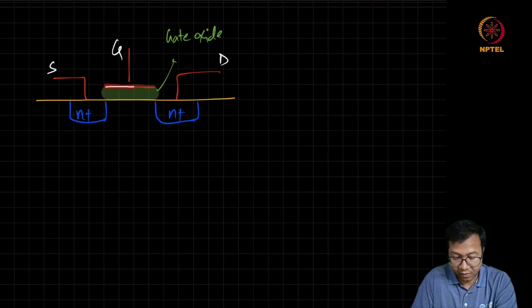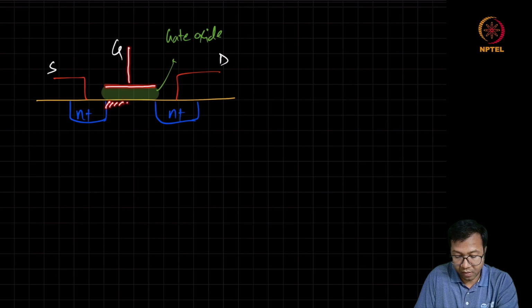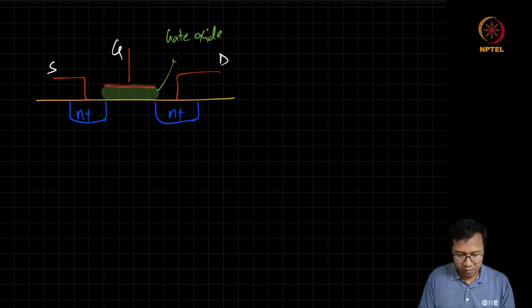So if the gate is used as the top plate of a capacitor, and the MOS is biased in inversion, then this channel will act like the second plate of the capacitor. So we can try to utilize this structure to design a capacitor.